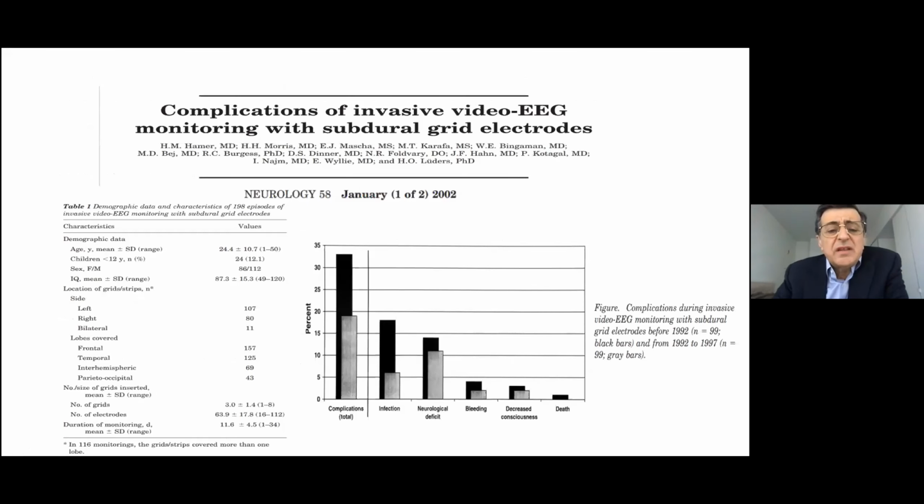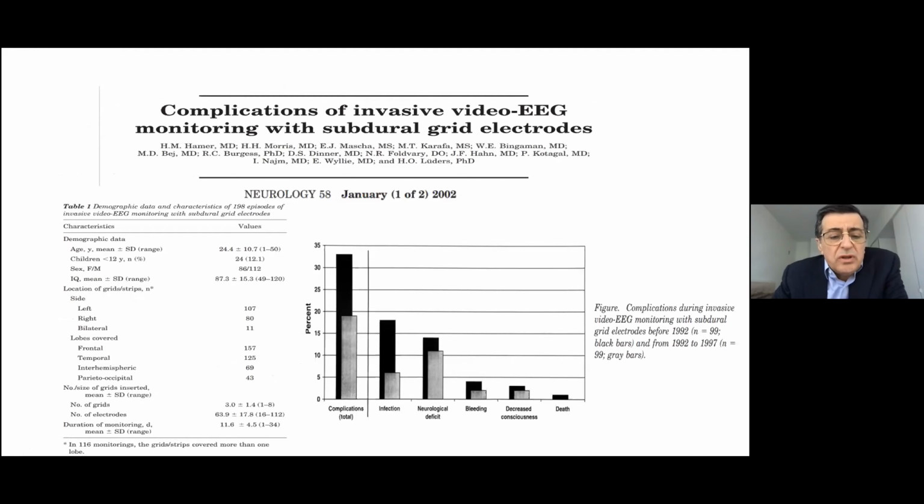So before I start with the implantation, I'd like to point out this important paper that was published in 2002 from the Cleveland Clinic, which reviewed the experience with subdural electrode evaluation in 2 time epochs, the period from 1980 till 1991, and from 1991 till 1997.